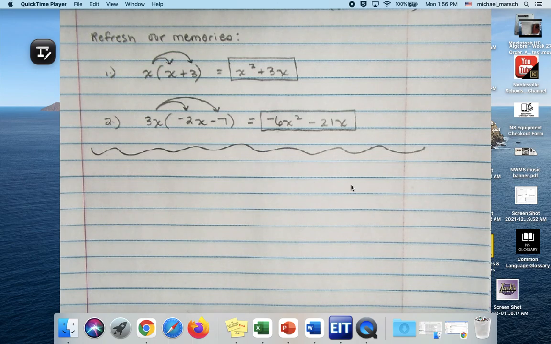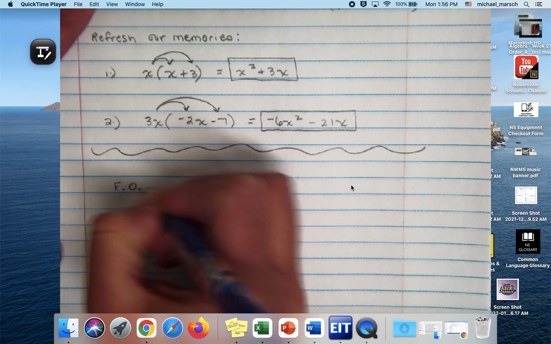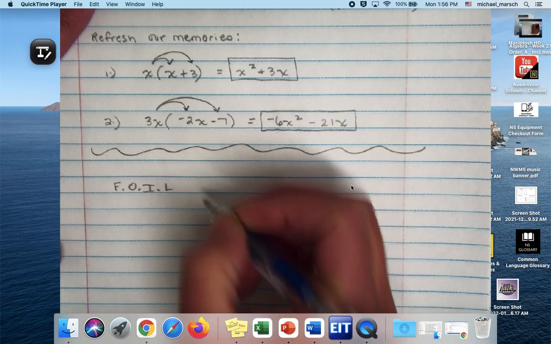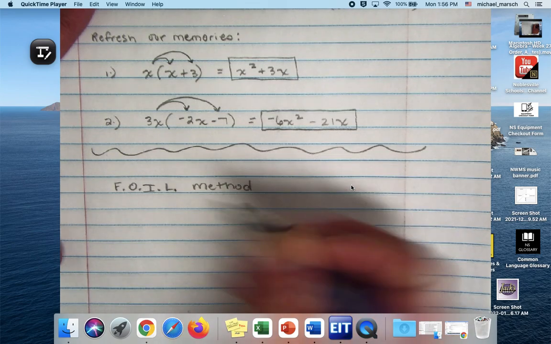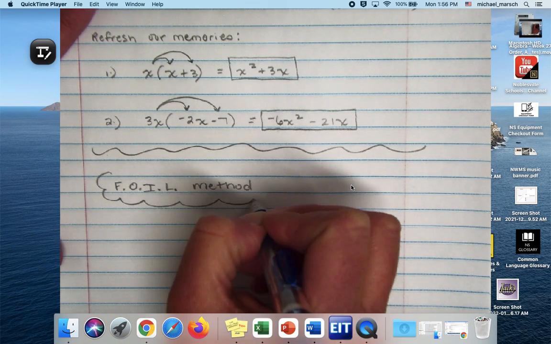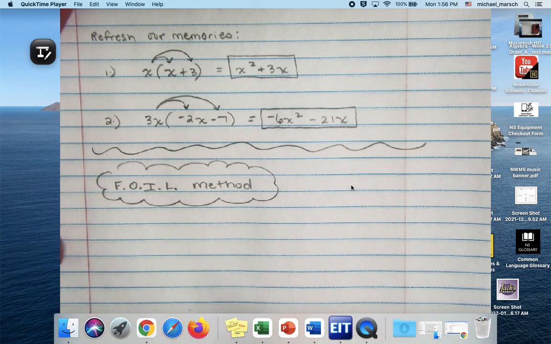Kind of like soon we'll get to the quadratic formula, and you'll remember that. Okay, so here we go. FOIL method. Notice that there are periods between each letter because this is actually an acronym.